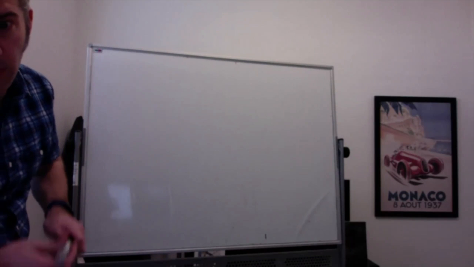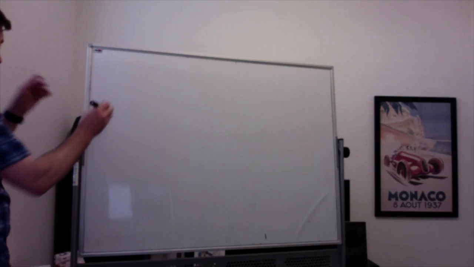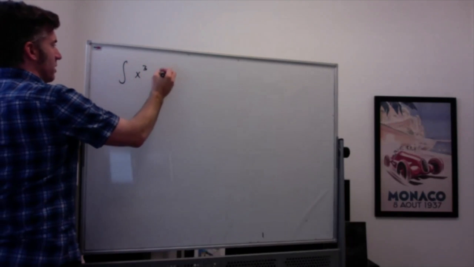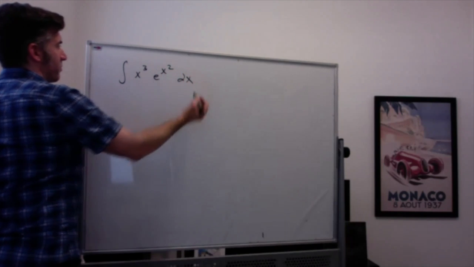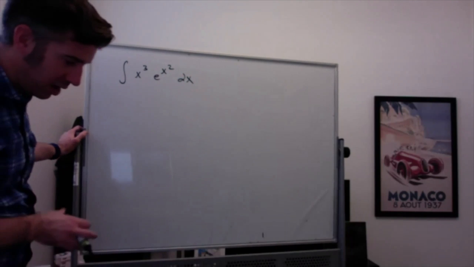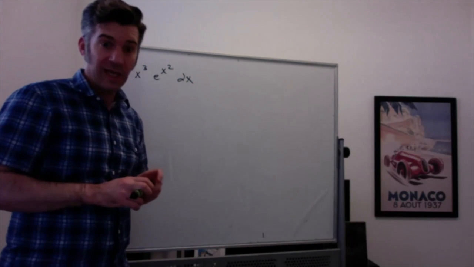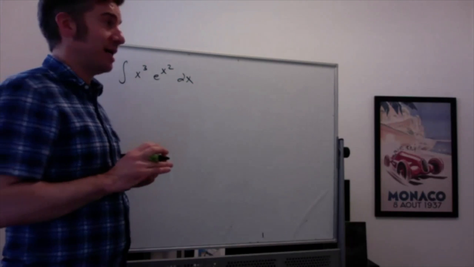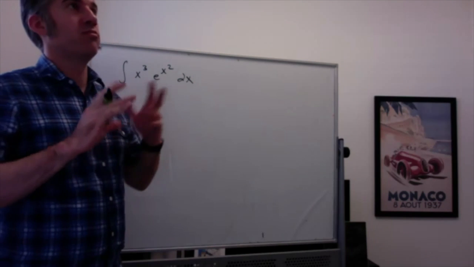So let's do this last problem here. Let's do the integral of x cubed e to the x squared. And here's a good thing to be aware of. E to the x squared is not antidifferentiable, at least not in any sort of regular way.